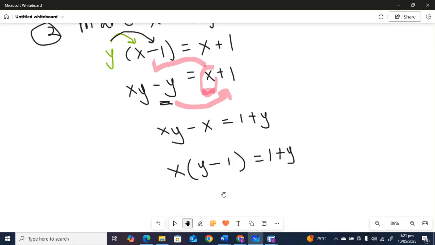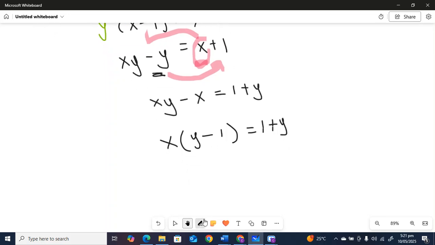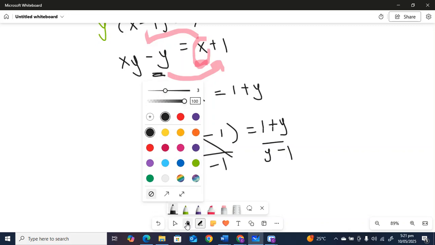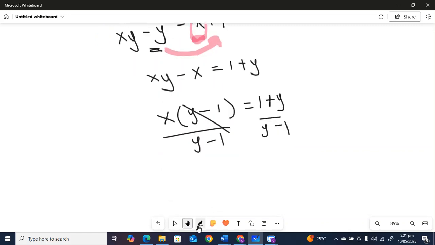So to get the value of x, divide both sides by y minus 1. So x equals 1 plus y over 1 minus y.